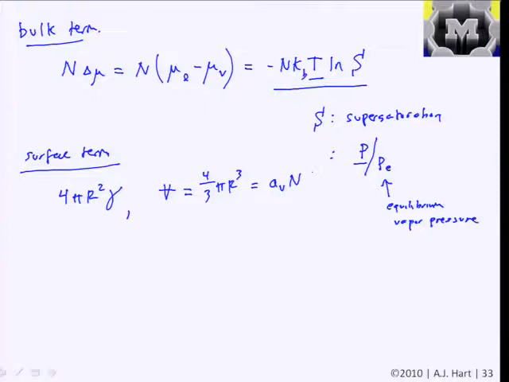And if we used this to build a relationship between r and the number of atoms of the system, we could then say that 4 pi r squared, we won't go through the steps, is equal to the quantity 4 pi times 3 times the atomic volume divided by 4 pi to the 2/3 multiplied by the total number of atoms to the 2/3.